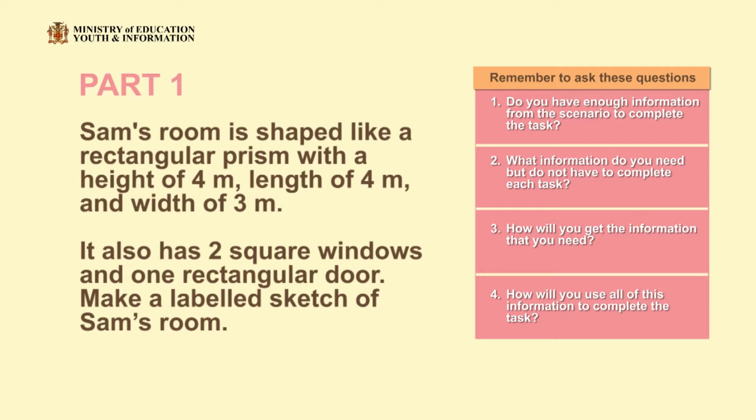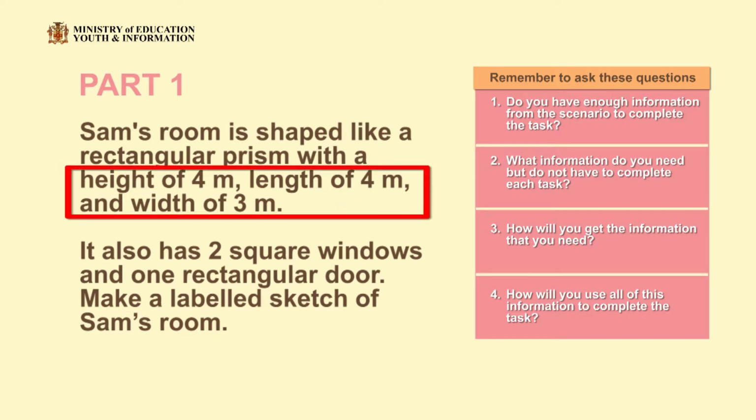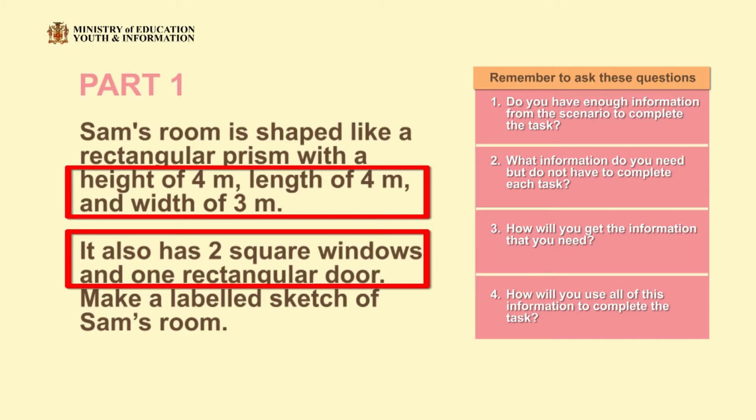Do we have enough information to complete the sketch? What information do we have? Yes, it gives the dimensions of the prism that forms the shape of the room, as well as the shape of the different parts, which are the windows and door.